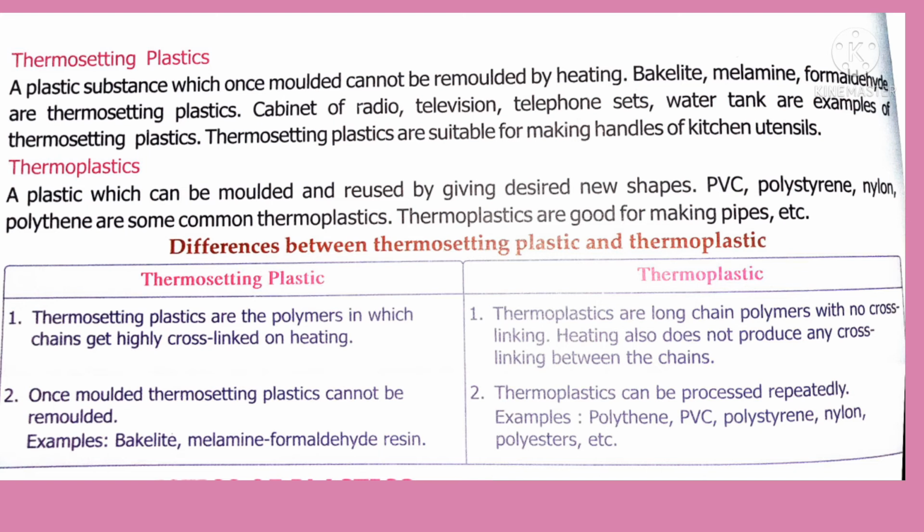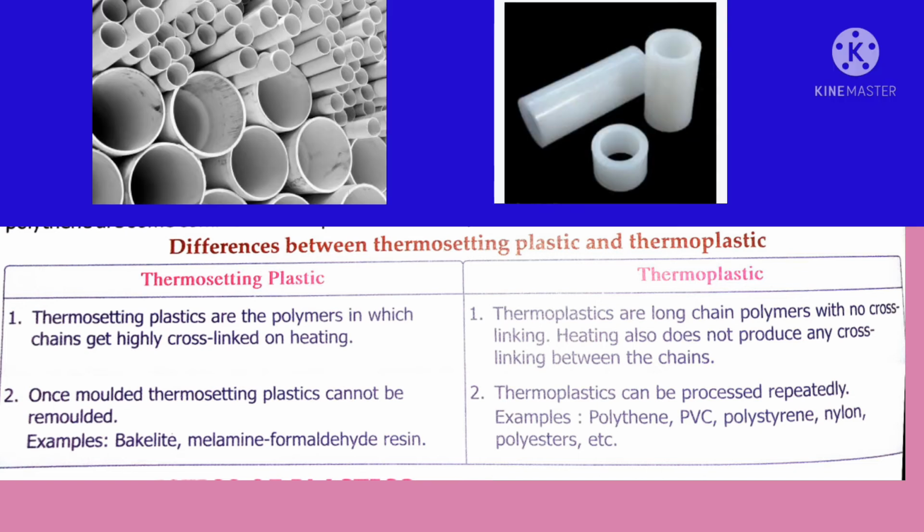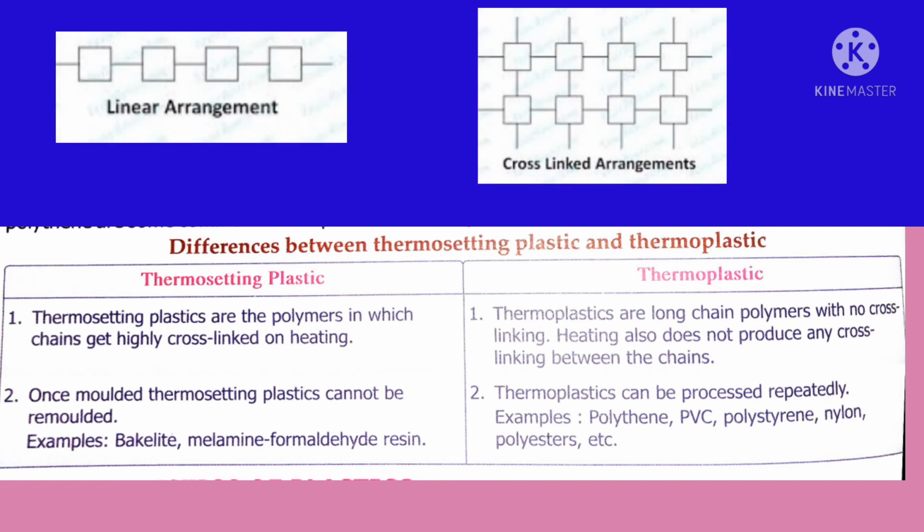Examples are polyvinyl chloride PVC, polystyrene, nylon, polythene, etc. These materials are made of thermoplastic. This is thermoplastic PVC. This one is a nylon pipe. Now we are going to learn some differences between thermoplastic and thermosetting plastic.